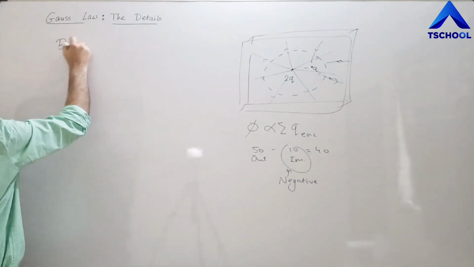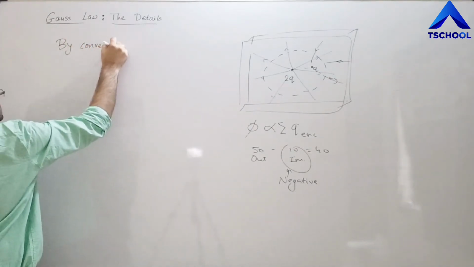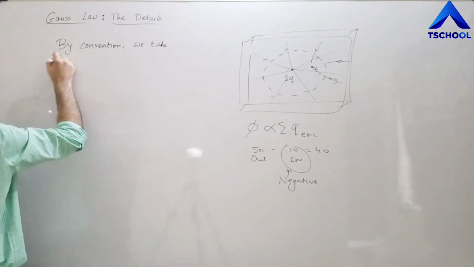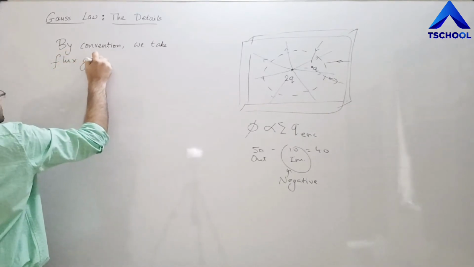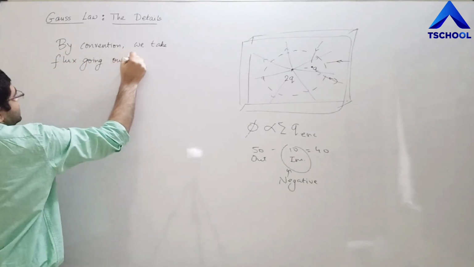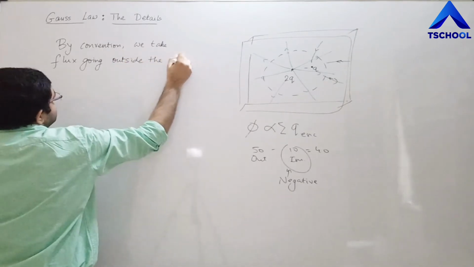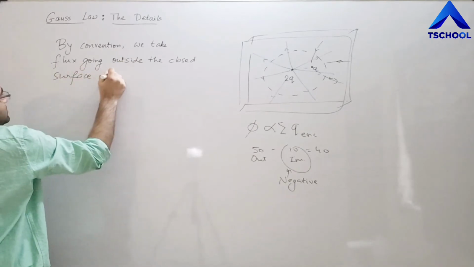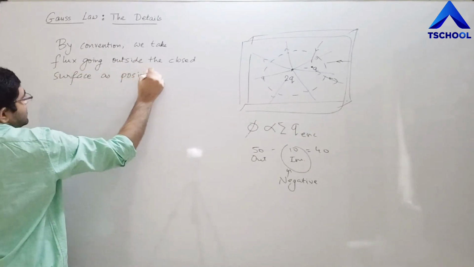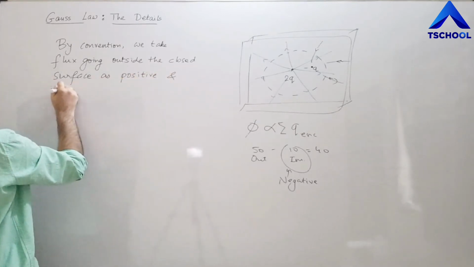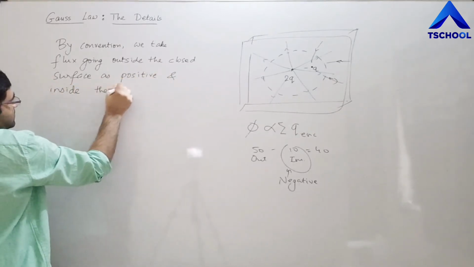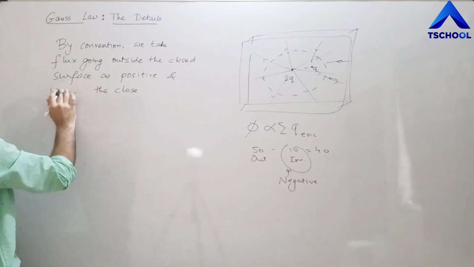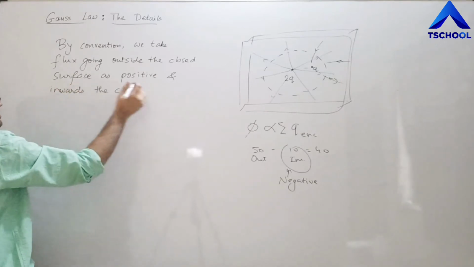So by convention, we take flux going outside the closed surface as positive, and inside the closed surface, or going inwards, as negative.